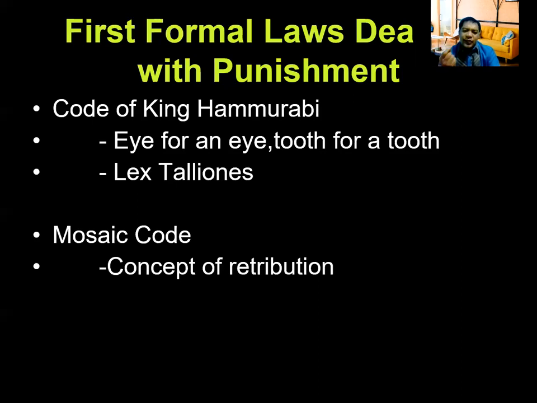However, what is notable about the so-called Mosaic Code is that the rights of the accused were somehow observed, considering that any person accused of having committed a crime was actually given the benefit of the so-called rights.